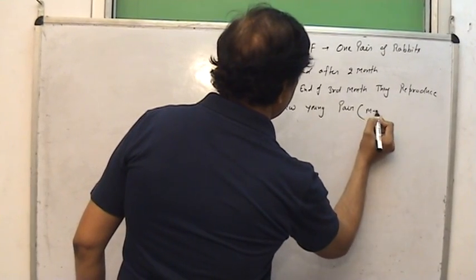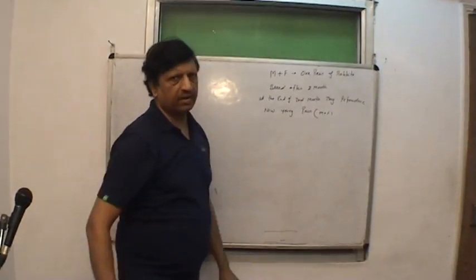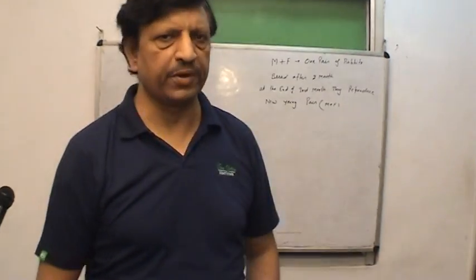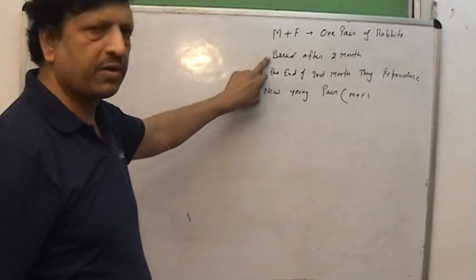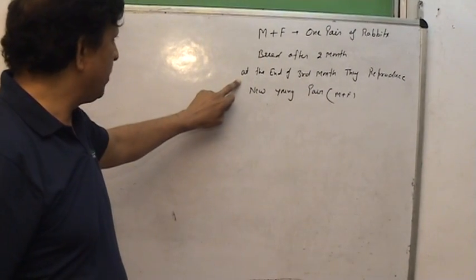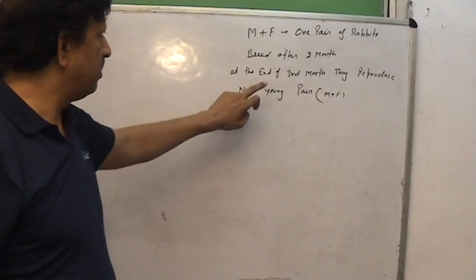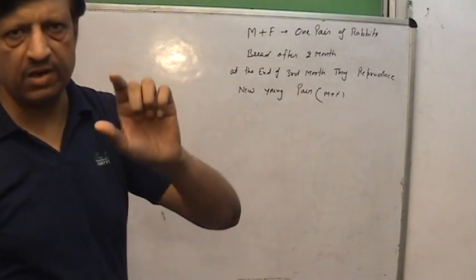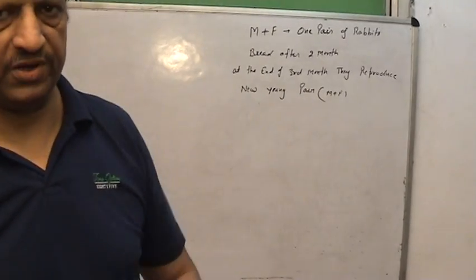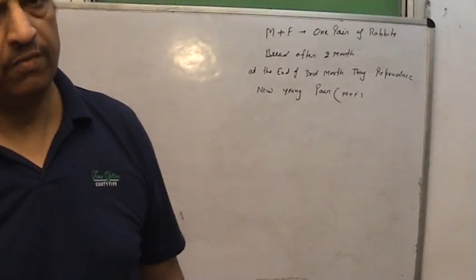That is again male and female. These are the conditions put up by Fibonacci: this pair will breed after 2 months, and at the end of the third month they will reproduce a new young one, and the young ones are also in pairs. It means one male and one female.